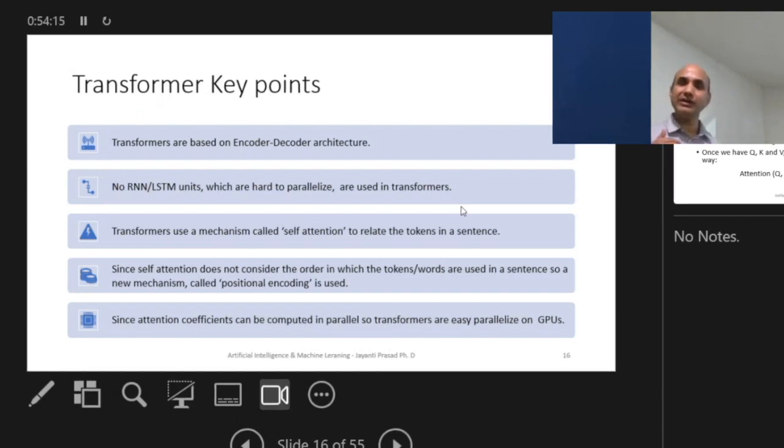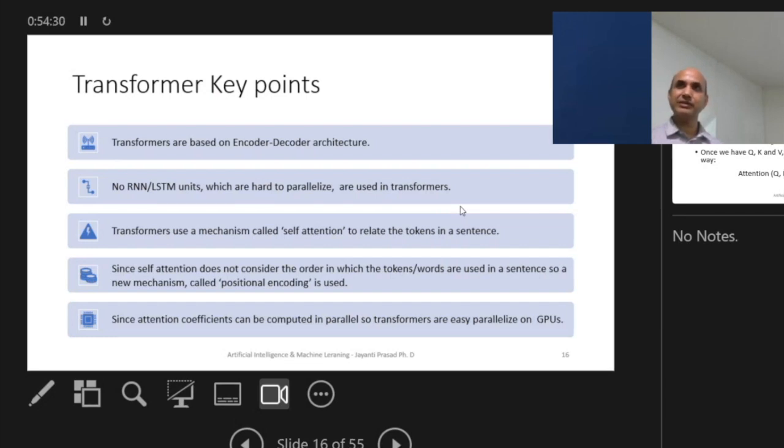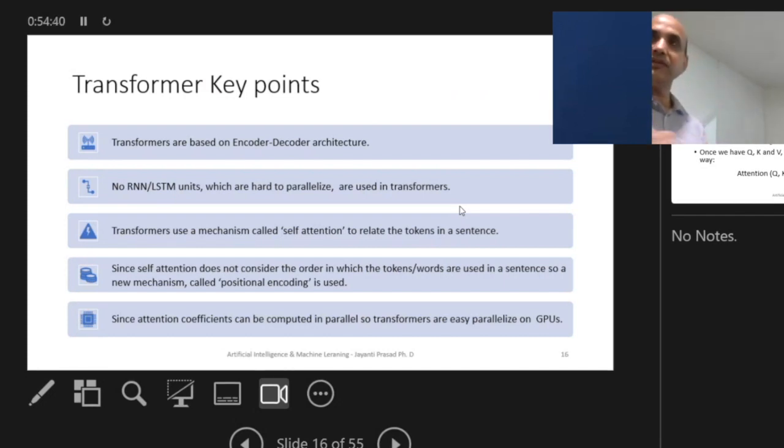When you are speaking a long sentence, at the ninth position, whatever word comes will have some relation with some word, or more than one word, which came in the past in the same sequence. So which of the words are more important for that word? That is the self-attention within the same sentence.